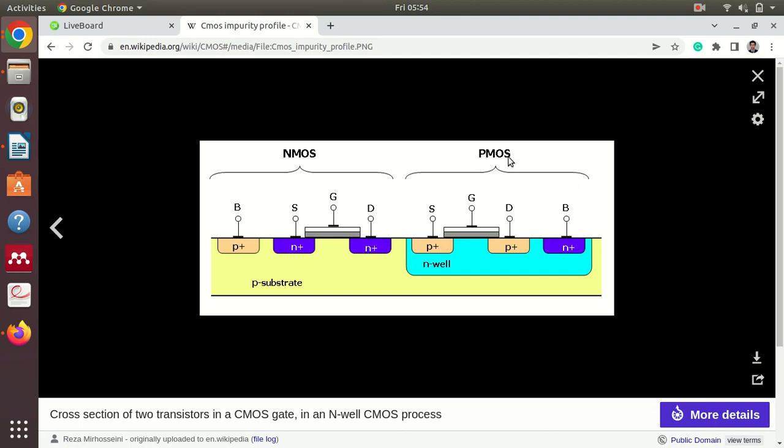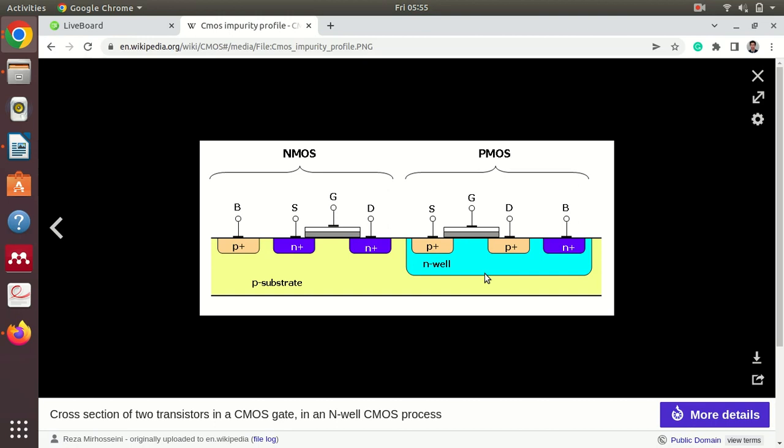And here you can see PMOS, where source and drain are drawn from the P region, and the gate is connected to N. And now these are combined. So this is the structure of your CMOS. This type of configuration is called NPN and this type is called PNP. These are the types of transistors you can see.